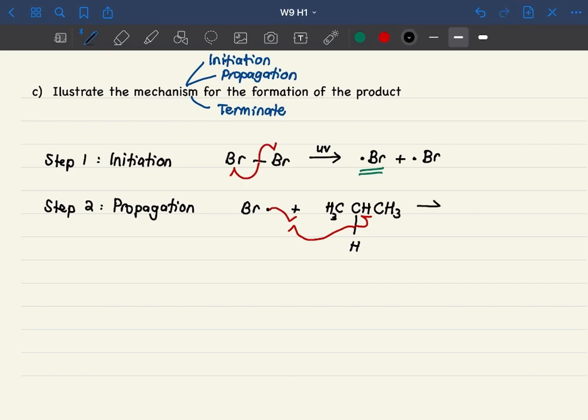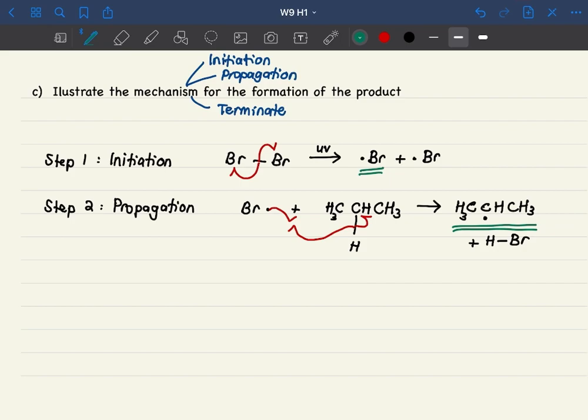From this reaction, we know that we are going to form a new radical of this propane, so propyl, CH. At the moment we have a radical in here together with the HBr that combined to form the HBr bond. So we can see this is our new free radical formed.